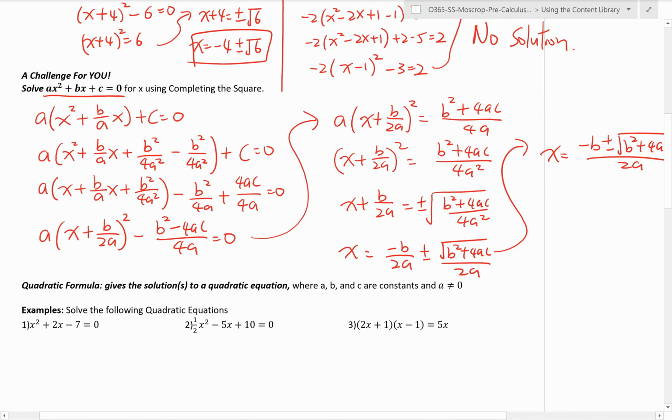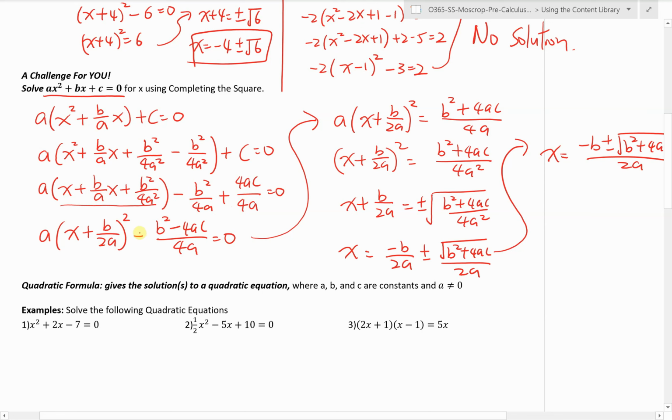Then this was a perfect square, so I factor that, and that was x plus b over 2a. Remember, this is always half of the middle term. I combine these two fractions together, and I get minus b squared minus 4ac over 4a. This was a minus sign because really what we did was combine these two, but there was a minus sign here.